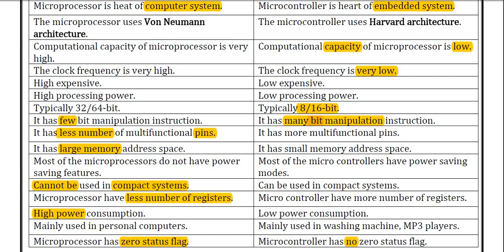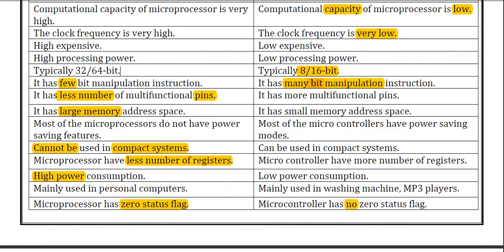Typically, we have 32 or 64-bit microprocessors, but 8 or 16-bit microcontrollers. The microprocessor has few bit manipulation instructions, but the microcontroller has many. The microprocessor has fewer pins, but the microcontroller has more multipurpose and functional pins.